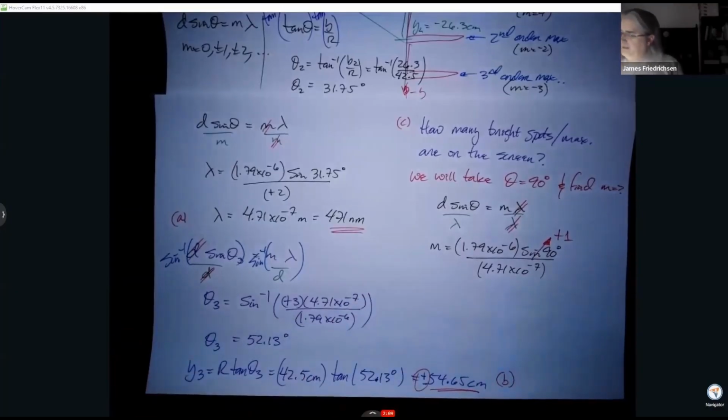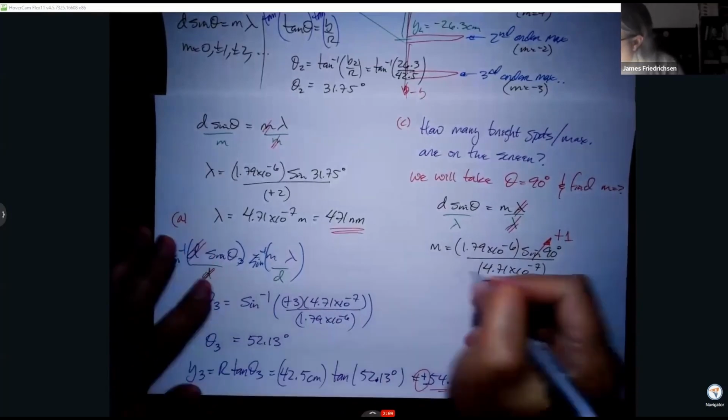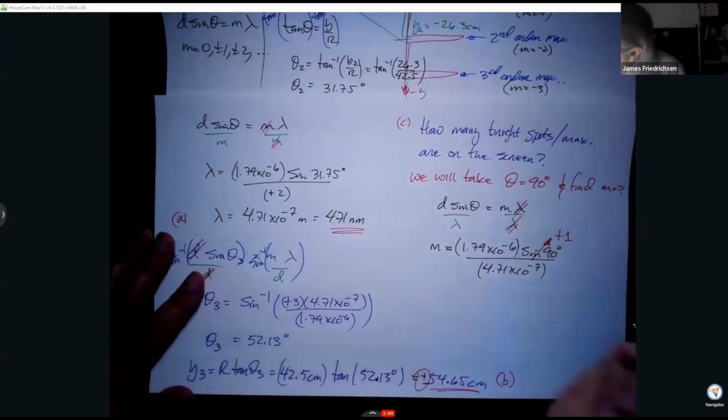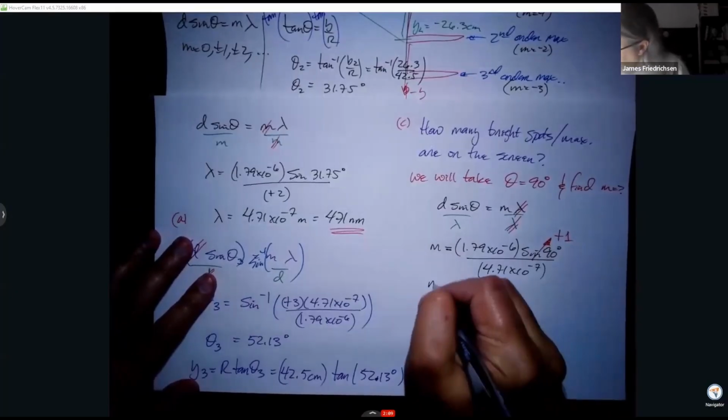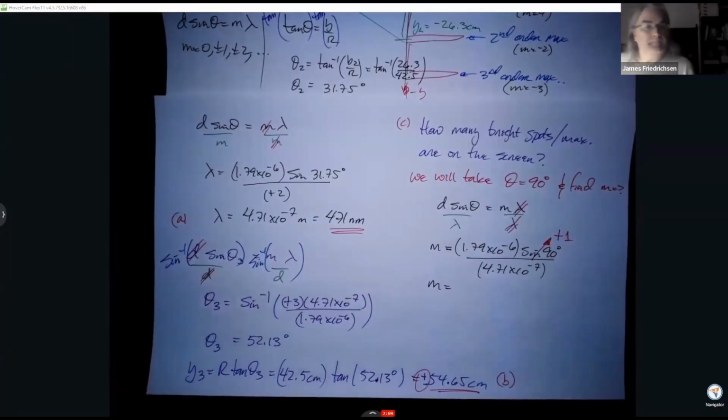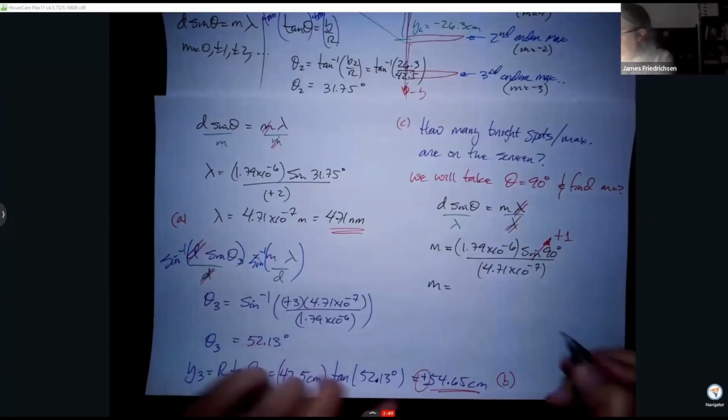Okay, and so as a decimal, what does m turn out to be? And then we're going to talk about this just briefly. 3.80. Thank you.